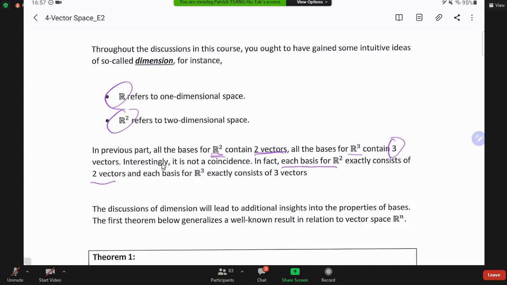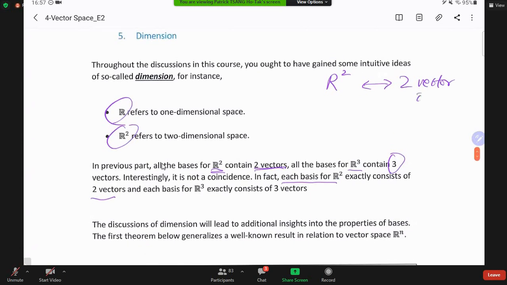So I simply write down the connection with you. R2: 2 vectors in the basis. R3: you can see that 3, you see what I mean, right?